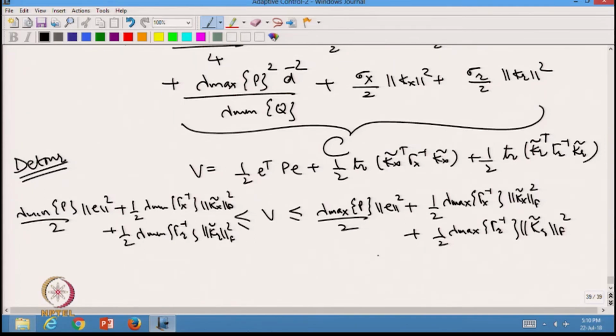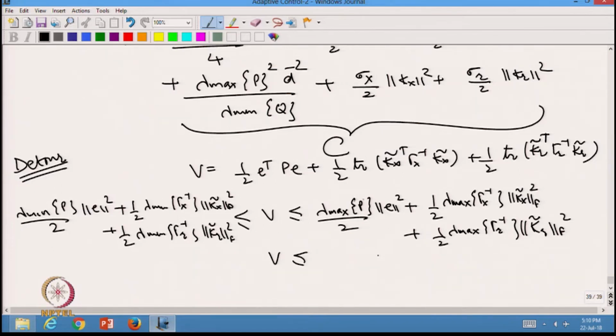So again we can further upper and lower bound these expressions for V. Remember this is a detour; we were on V dot and we just started developing the upper and lower bound for the Lyapunov function itself.